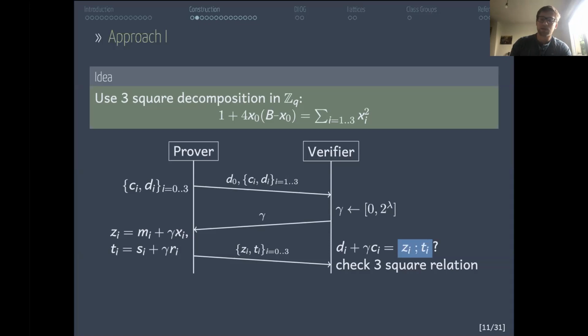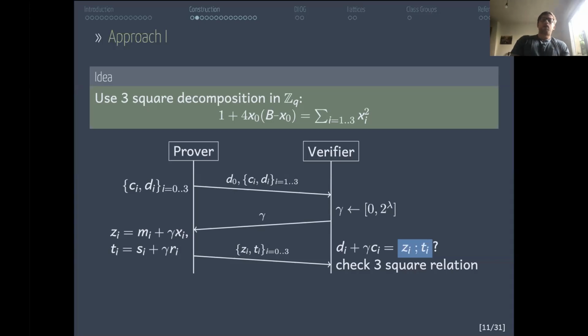This I left a bit unspecified because it depends heavily on the setting, but it's not a lot of overhead. The 3-square relation is not for free, but it's not very expensive compared to showing opening of all the commitments. This is essentially the main, heavy part of the range proof.